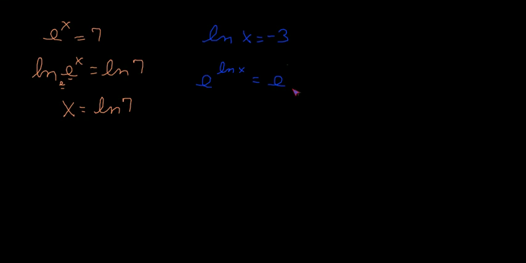And one reason I might want to look at this is because now again, the base of the exponential function, and because natural log is also a base e, since they equal each other, this is my solution on the left side, and I just get x equals e to the negative 3. So again, there's the application of our inverse property.